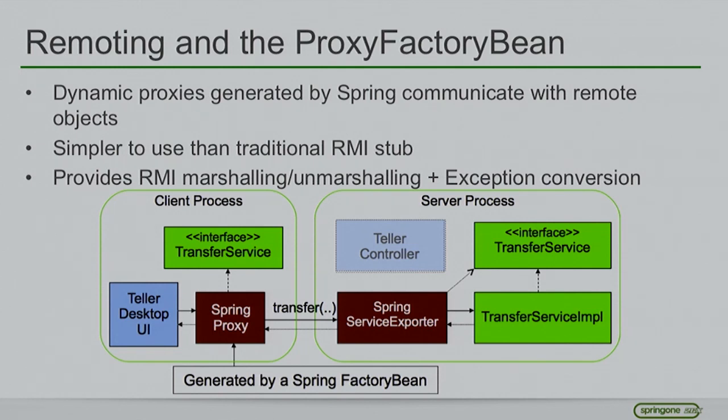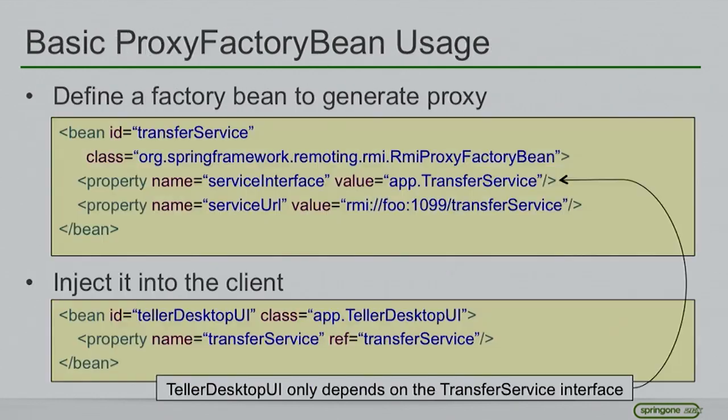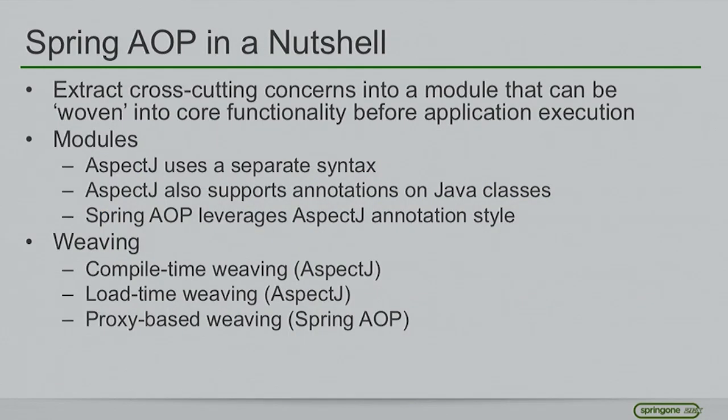And then I take that proxy and I plug it in. Now as far as this desktop teller UI component, it's talking to an interface and it thinks it's a valid implementation of the transfer service interface, and it is. But it's not one that you wrote, it's one that was created by the Spring proxy factory bean. Okay? That's the power of programming to interfaces and using proxies.